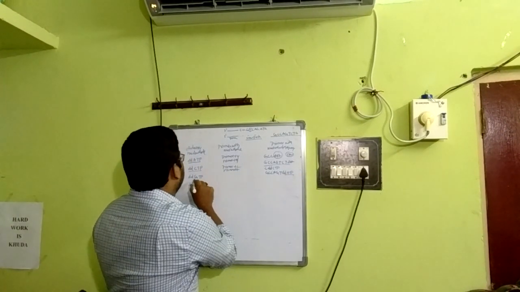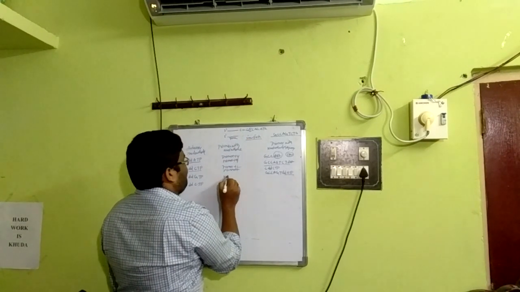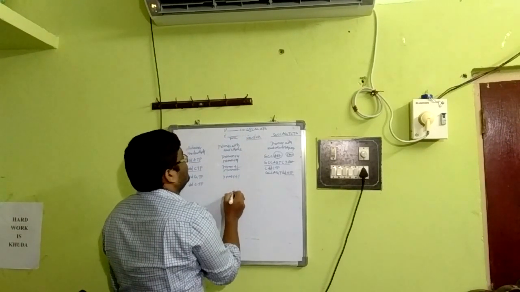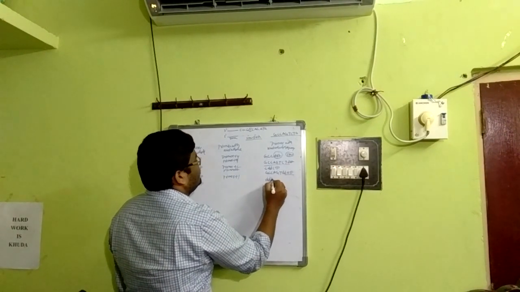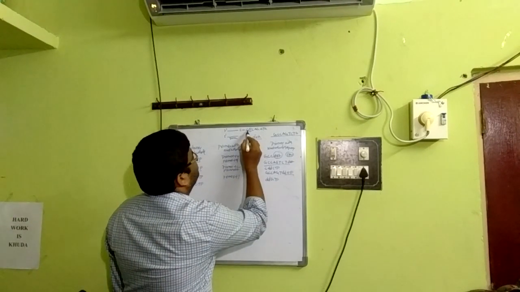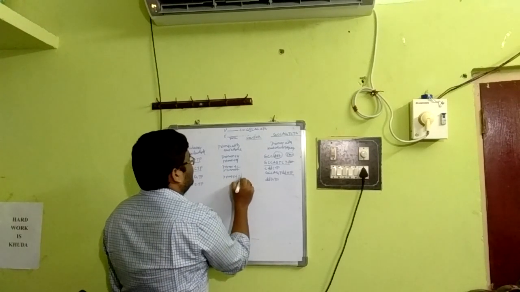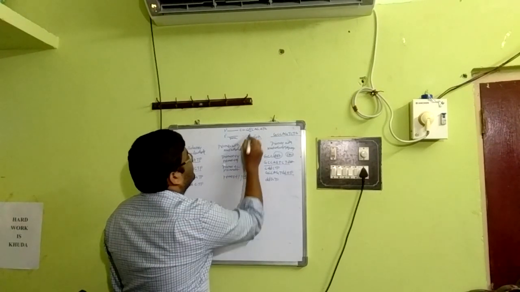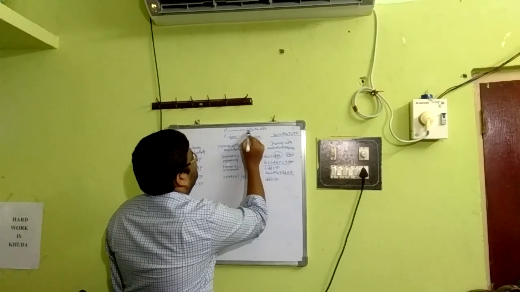Then for ddGTP, primer plus 1, that means the first base itself, ddGTP. Then one more time it will come, primer plus 3. Then one more time it may come, plus 4, plus 5.